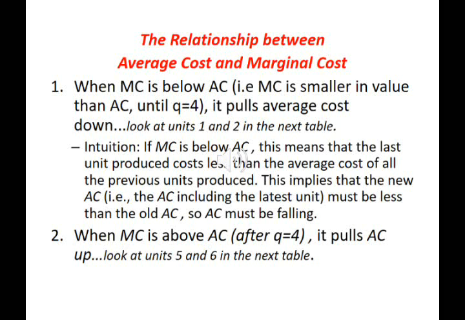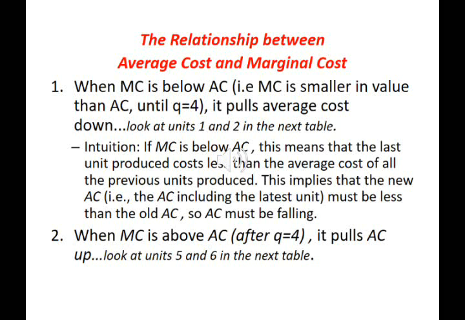So you already know the marginal cost curve and how it looks. It remains for us to check the relationship between average cost and marginal cost. There is a very important relationship between the average cost curve and the marginal cost curve. What is this relationship?